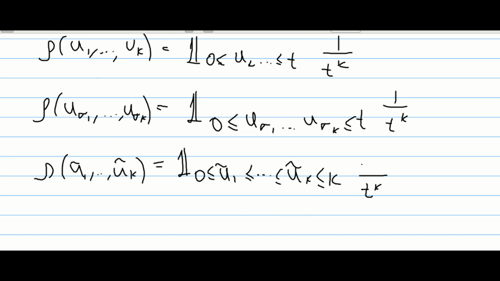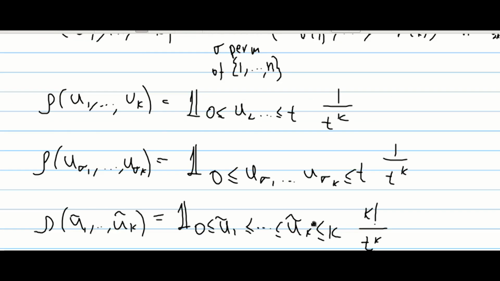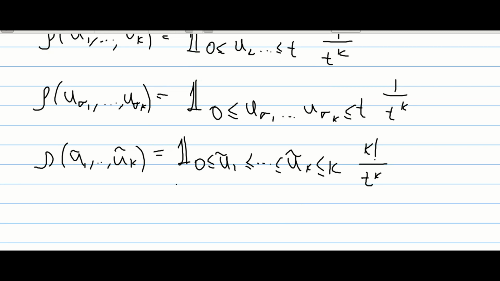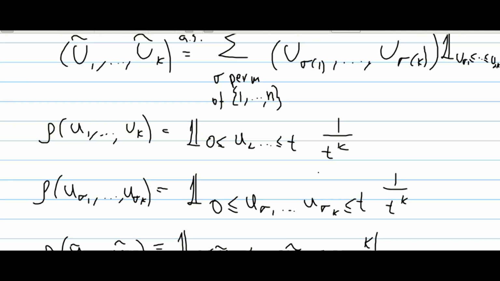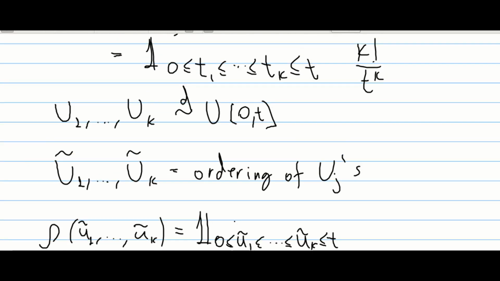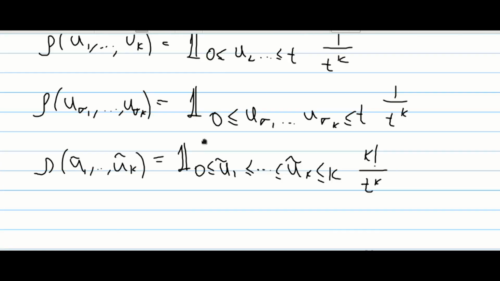Exactly one way. So for each permutation, and there are k factorial of them, we can reach this using the original density here. So we just showed that the density of the u tilde is indeed the same density as the t conditioned on n equals k.